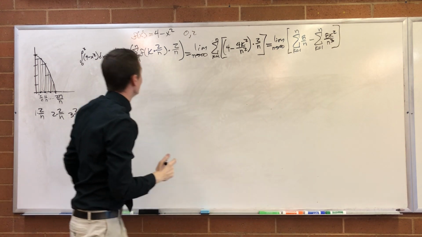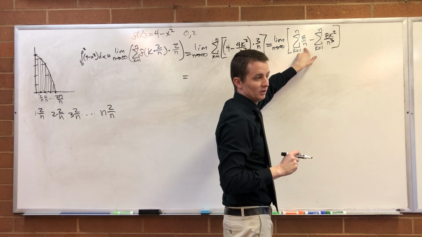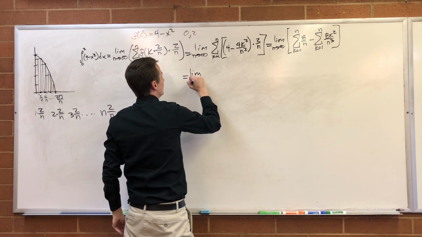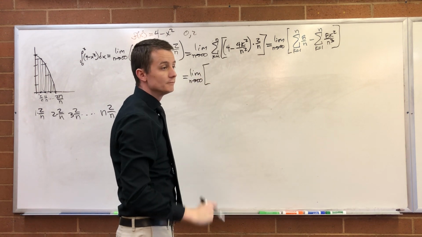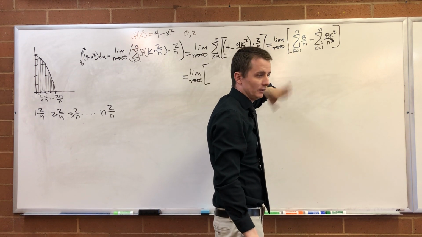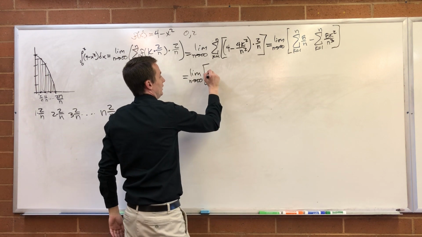Okay, good with that? When we calculate this sum, what do we get? Well, it's 8 over n plus 8 over n plus 8 over n, n times. Just 8. So that's where that 8 came from before.